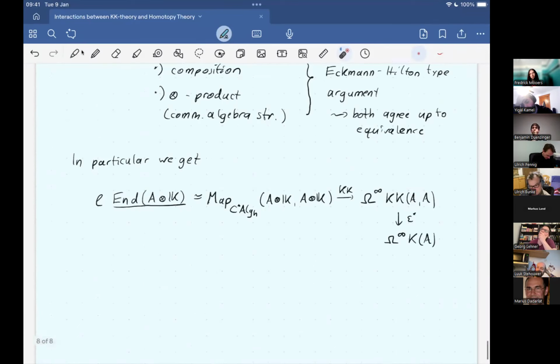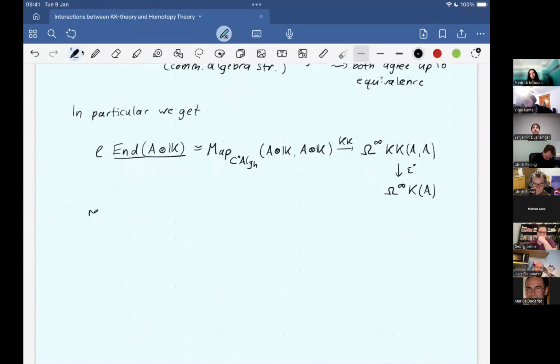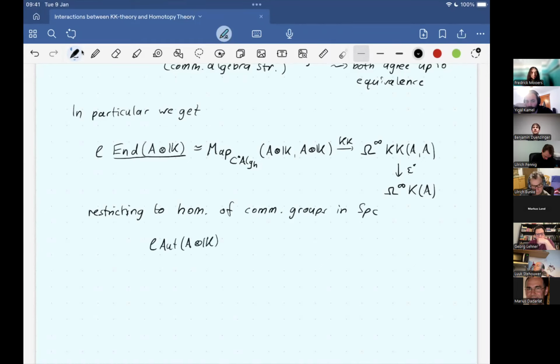And then I get this map that restricts to a homomorphism of commutative groups in spaces from here into GL1 of K A.